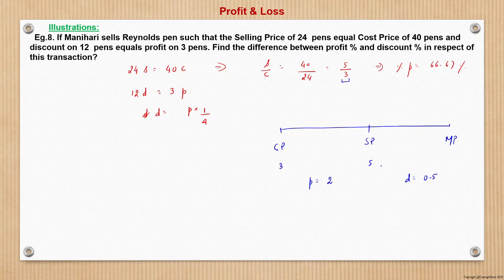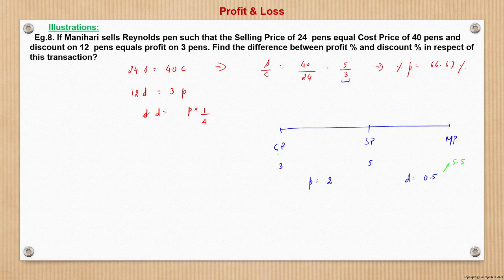And if discount is 50 paise, so discount we know is always given over marked price. So discount of 0.5 over marked price such that the resultant value is 5 rupees. That is, we can say that certainly marked price should have been 5.5. Then only when we give a discount of 50 paise over 5.5, we get a selling price of 5 rupees.